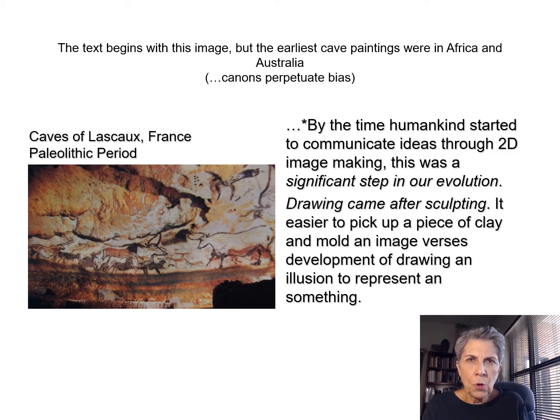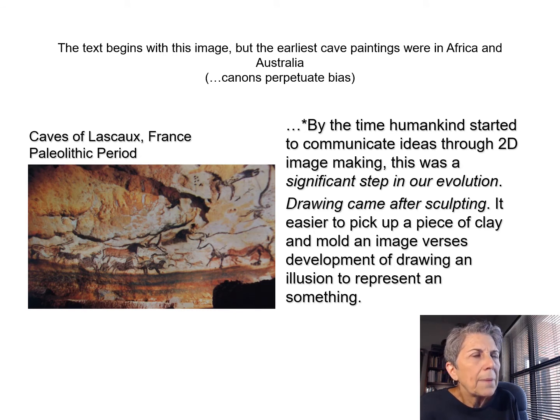I'm going to draw an image of this animal, and how do I do that? So conceptually, when you have drawing, and that's why sculpture is earlier, our evolution, we keep evolving, and that is an evolutionary step, to draw a picture or paint a picture of an idea of what we want to communicate, versus something as simple as taking a ball of clay and molding it into a figure.